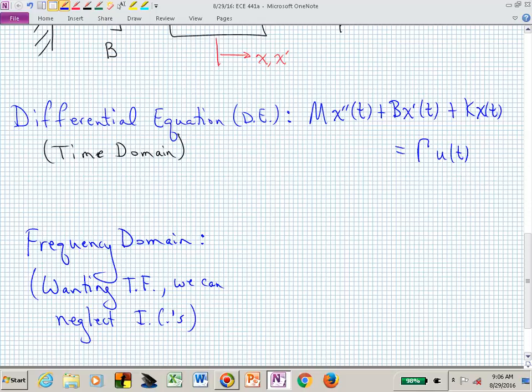With that concept in mind, now we can quickly write down the frequency domain, or the Laplace transformed representation of the dynamics based on this differential equation. m is a constant, and so that slides through the Laplace transform when we have m s squared capital X of s plus b s X of s plus k X of s is equal to gamma U of s.